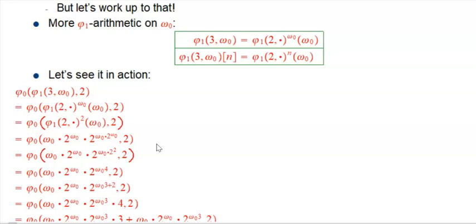Okay, so we're getting a little bit more pedestrian here, just slightly. It ends up being one of our most standard rules of exponents: when I have a sum and an exponent like that, it turns into the 2 to the omega naught 3, and then times 2 to the 2, which is 4.